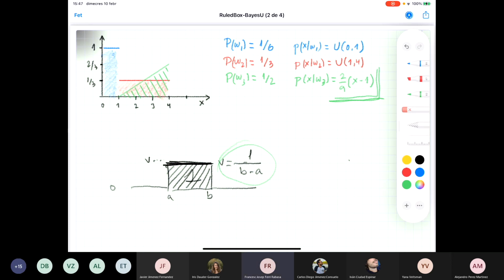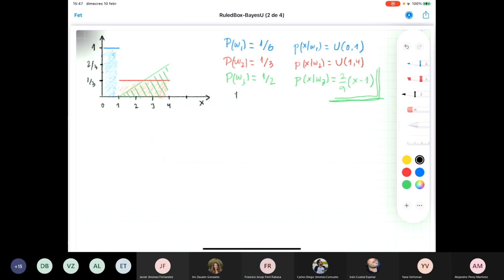We have three classes, we have one dimension, we know for sure how measures are distributed because someone gives us priors and someone gives us class conditional probabilities.